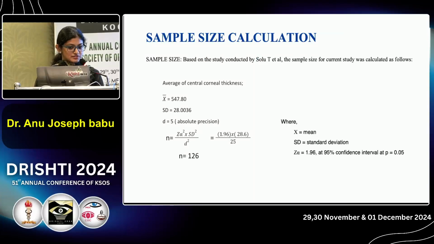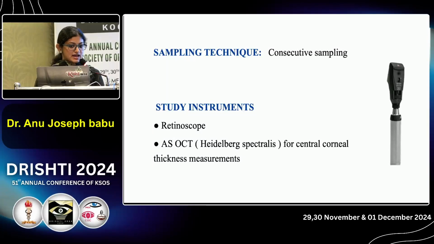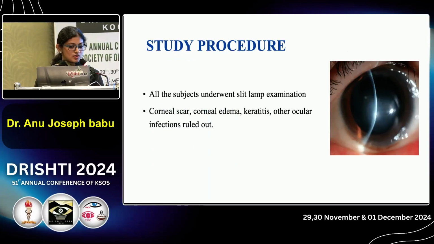Sample size calculation was done based on the study conducted by Soluti et al., and it was found to be 126. The sampling technique was consecutive sampling and the study instruments were retinoscope and anterior segment OCT for central corneal thickness measurement. In the study procedure, all the subjects underwent slit lamp examination. Those with corneal scar, corneal edema, keratitis and other ocular infections were ruled out.